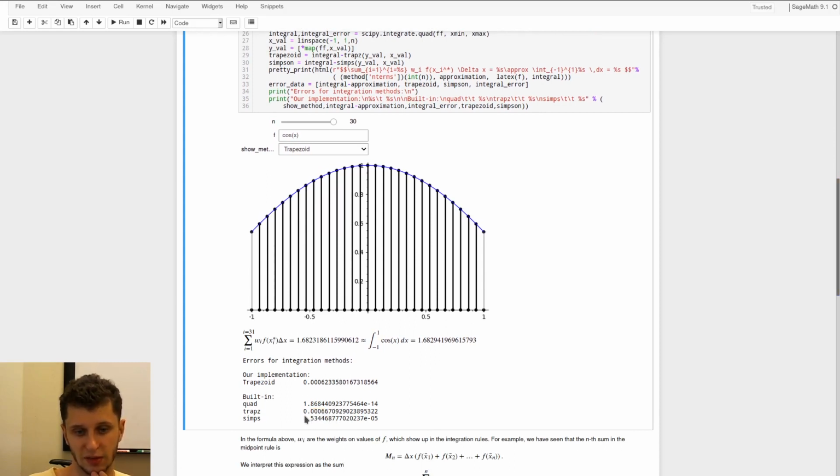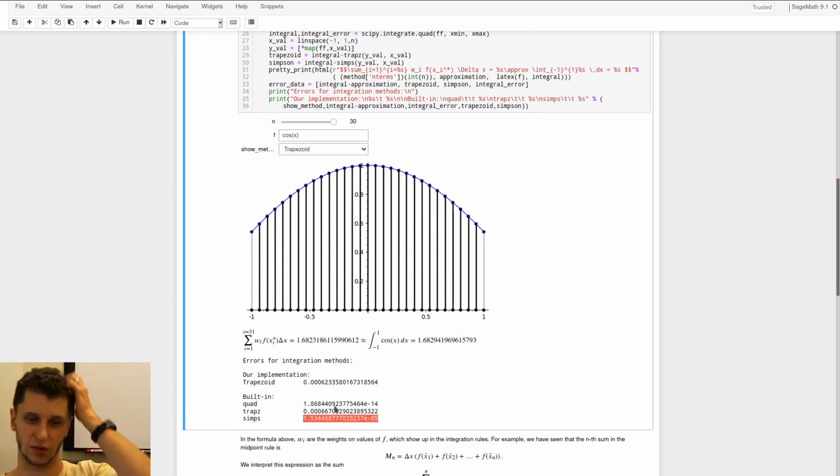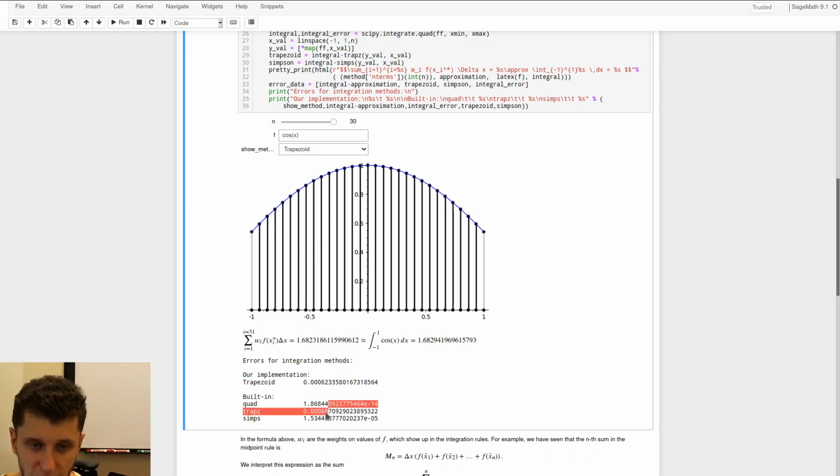And this is the Simpson's rule. Simpson's rule at this point is, as expected, actually not slightly, but significantly better than the built-in trapezoidal rule or our trapezoidal rule. But it's rather curious that our trapezoidal rule is actually outperforming the built-in method for the trapezoidal rule. That's quite interesting. So again, let's switch to the midpoint rule.